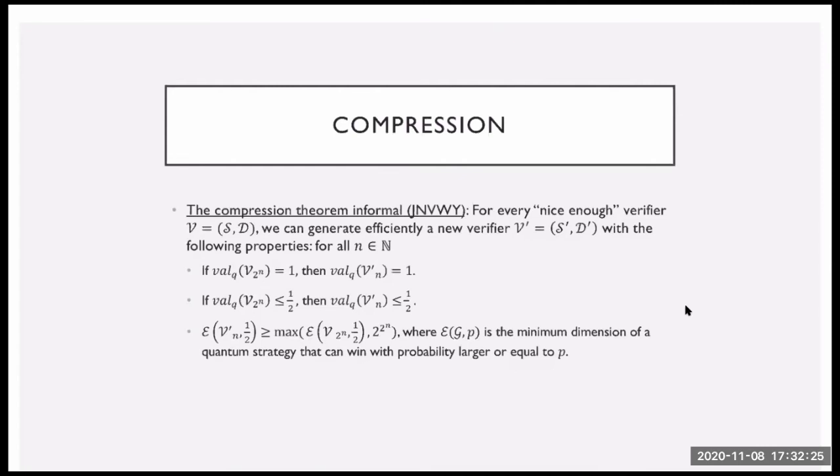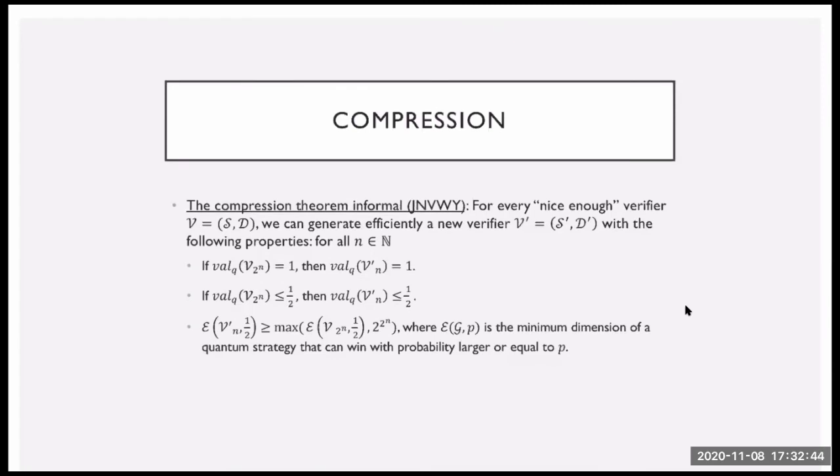So we get as an input these two Turing machines S and D, and we output two other Turing machines, S prime and D prime, such that, first of all, these two Turing machines are nice enough. This nice enough property, I'm not saying what it is, stays after you do this operation.